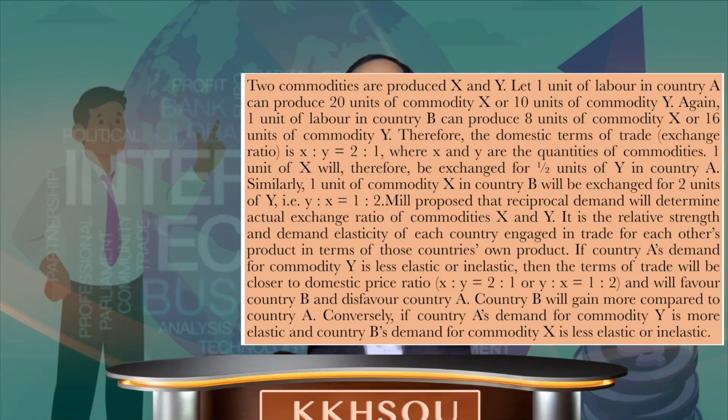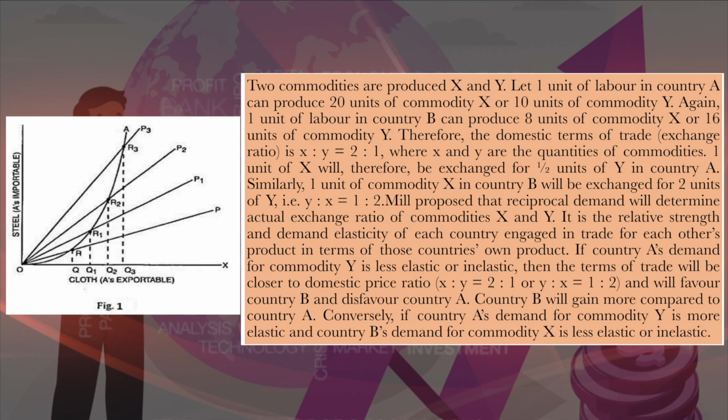Now, to explain gains from trade through the offer curve, hypothetically we have to assume that there are two commodities produced by two countries, say commodities X and Y. For the time being, let 1 unit of labor in country A produce 20 units of commodity X and 10 units of commodity Y. That means for producing 20 units of commodity X we require 1 unit of labor, but for producing 10 units of commodity Y we again need 1 unit of labor.